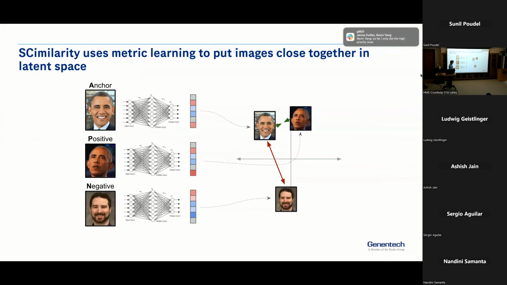The anchor and the positive are examples of the same or similar data points, and the negative is something dissimilar. And so the model is learning features and an embedding in your reduced dimensional space where the faces of the same person are brought closer together and faces of different people are pushed further apart.